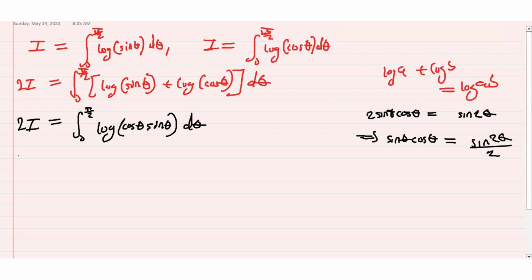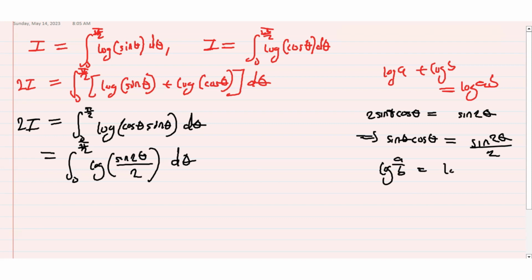So we can write this as being equal to still the integral from 0 to pi over 2 of the logarithm of sine of 2 theta all divided by 2 d theta. Notice that logarithm of a over b is the same thing as logarithm of a minus the logarithm of b.